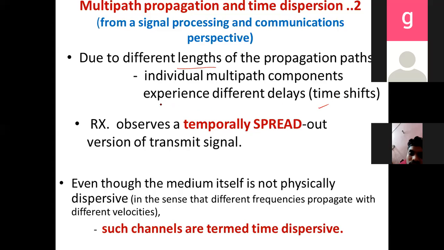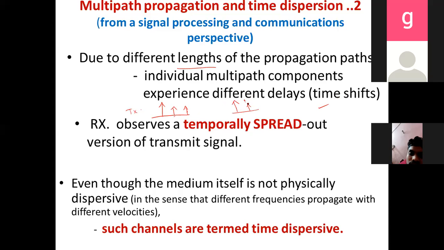Suppose this is the signal. By the time the first signal reaches the receiver, a copy of the first signal may arrive by the time the second transmit pulse is received at the receiver.